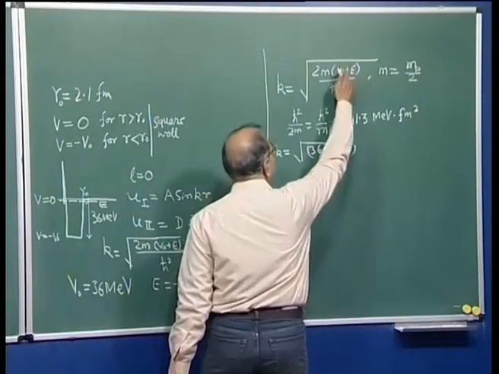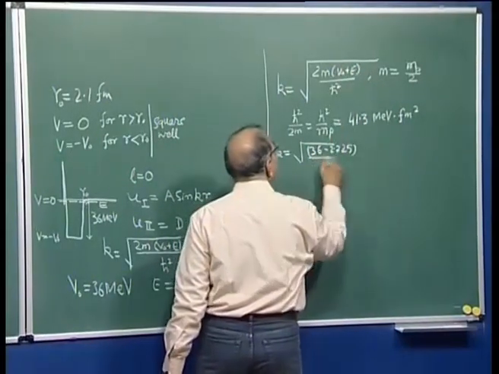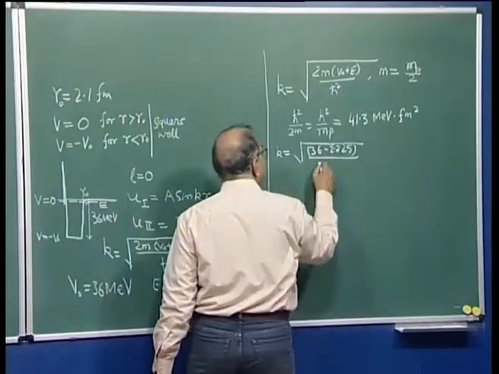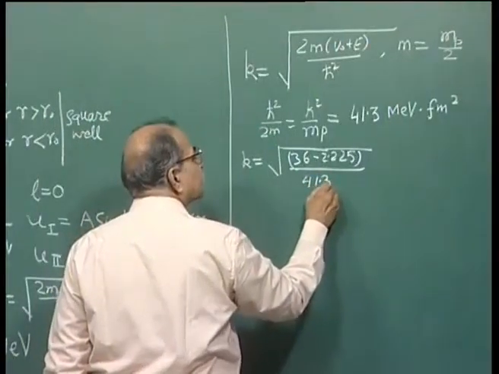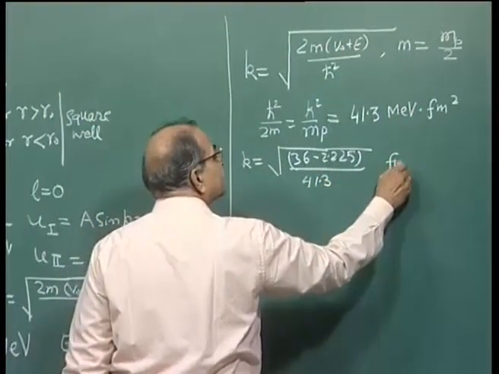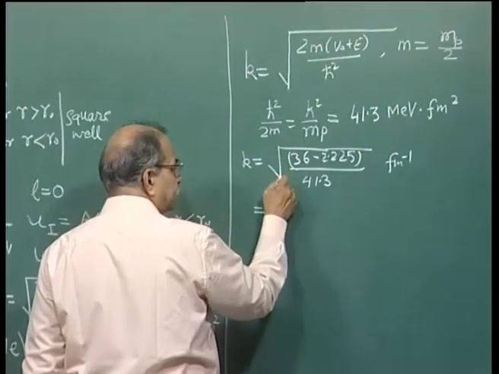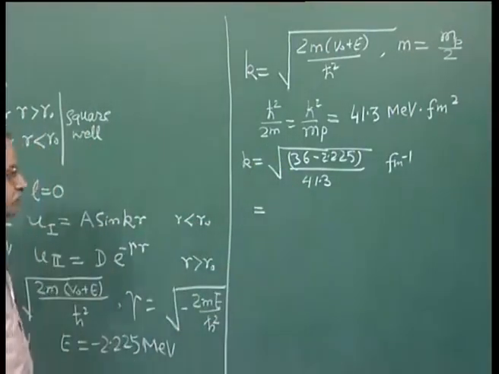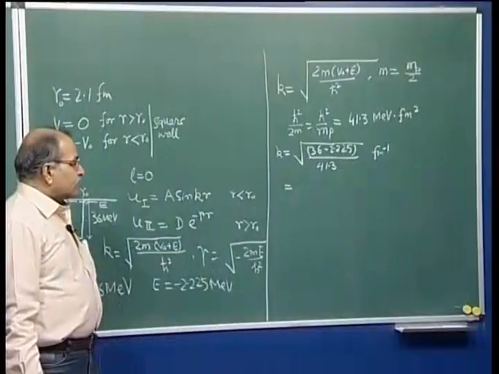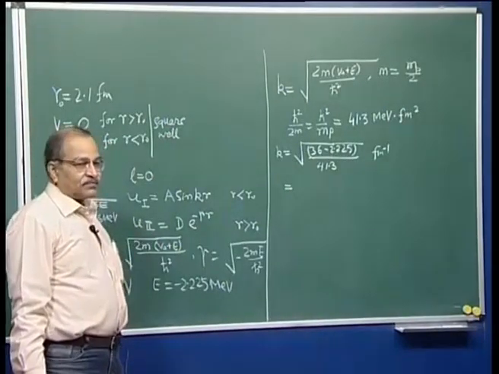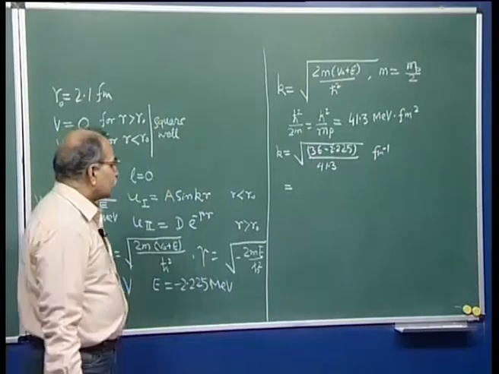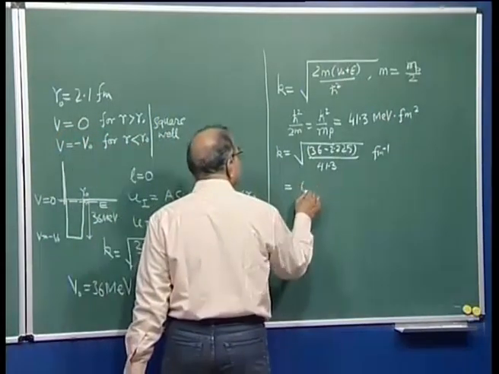So, that is V naught plus E, MeV will cancel out, divided by h cross square by 2m, which is 41.3. So, these many Fm inverse. How much is this? Can you tell? (36 minus 2.225) over 41.3 is 0.9042, right, 0.9042. So, let us say 0.90.